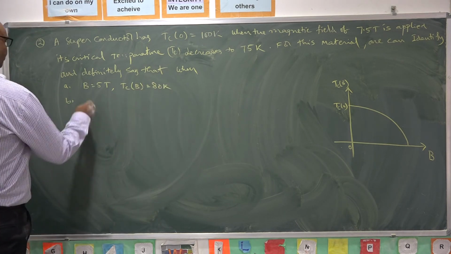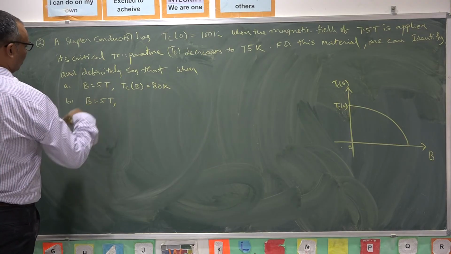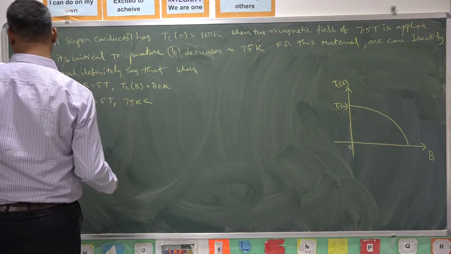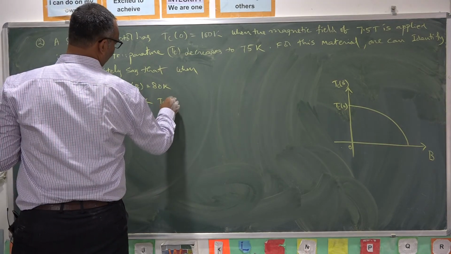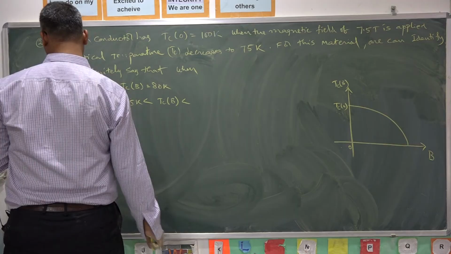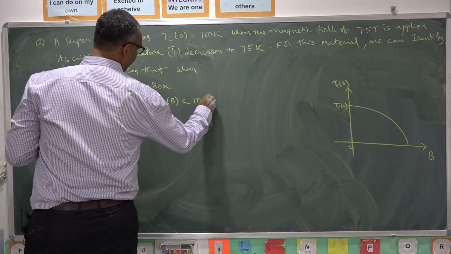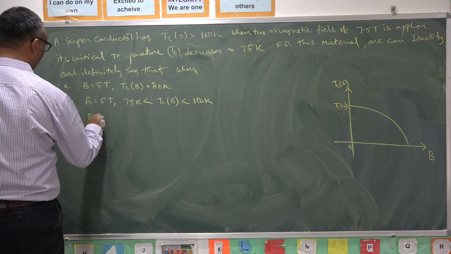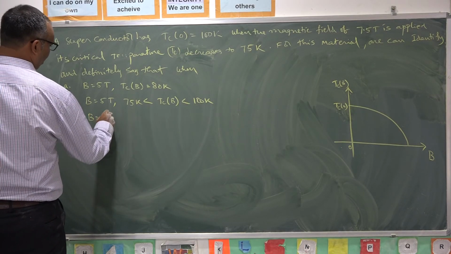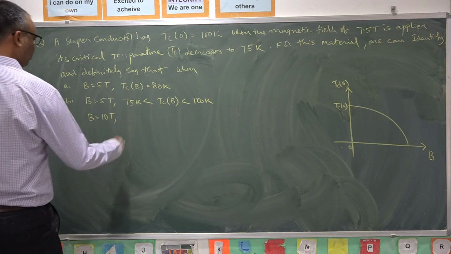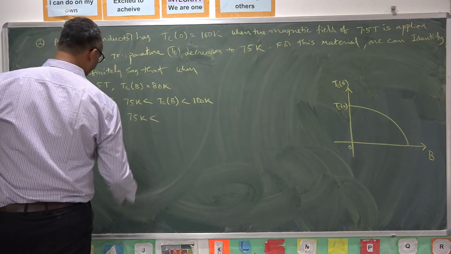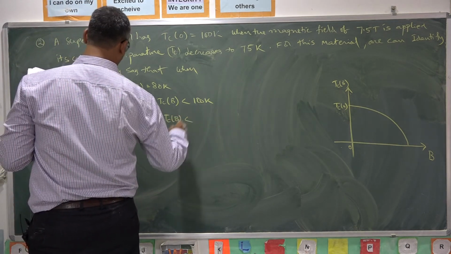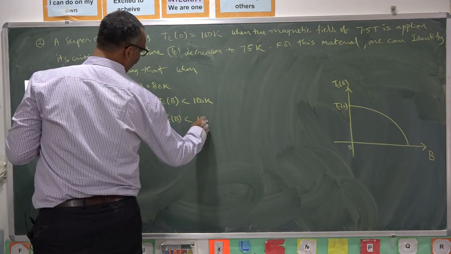Option B, B is equal to 5 Tesla, 75 Kelvin is less than TCB is less than 100 Kelvin. Option C, B is equal to 10 Tesla, 75 Kelvin is less than TCB is less than 100 Kelvin.